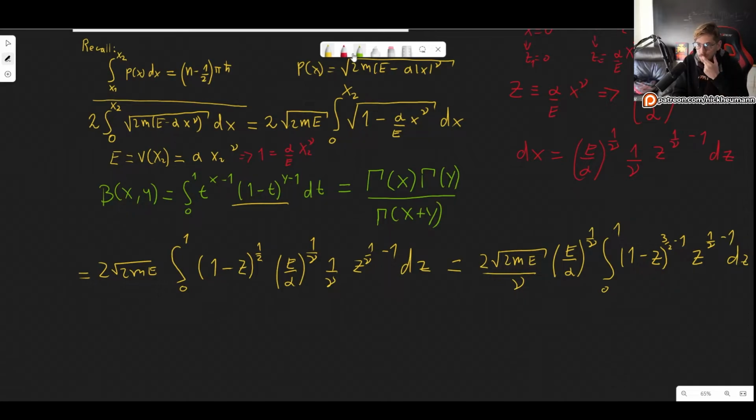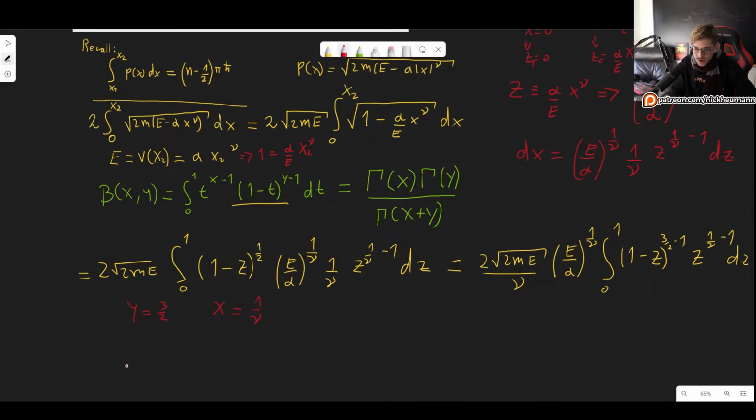Now, compare these two expressions. We have 1 minus z, 1 minus t, 3/2 minus 1, y minus 1. So basically, these things are the same with y equal to 3/2, and we also have z to the 1 over nu minus 1 and t to the x minus 1. So x is 1 over nu.